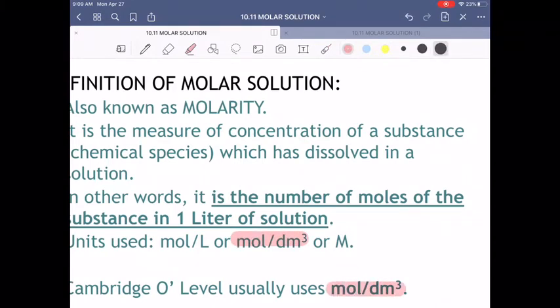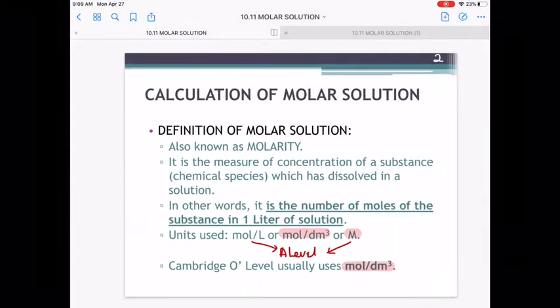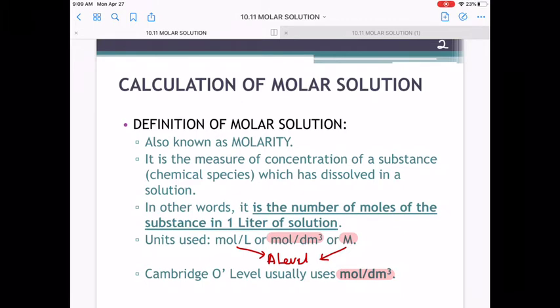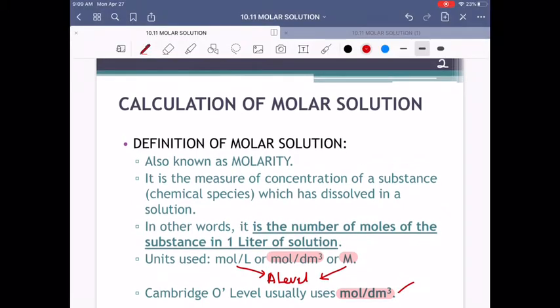Although your notes have this capital letter M, this capital letter M and mole per liter is usually in A level, I would say. So your syllabus just focuses on this mole per dm cube here.